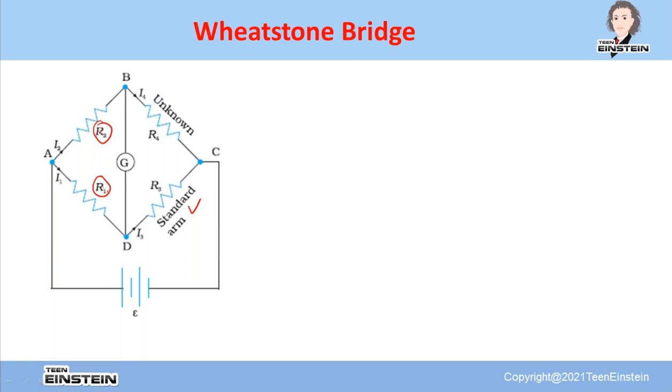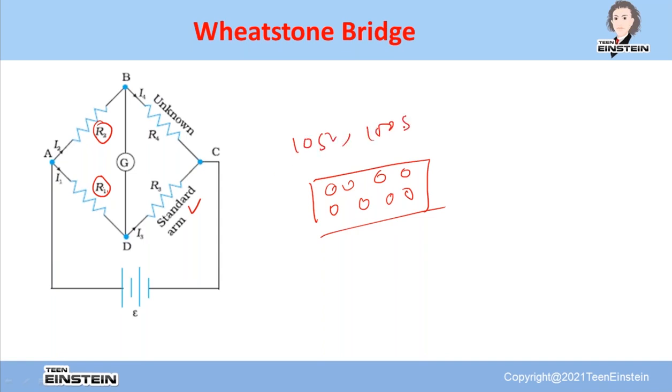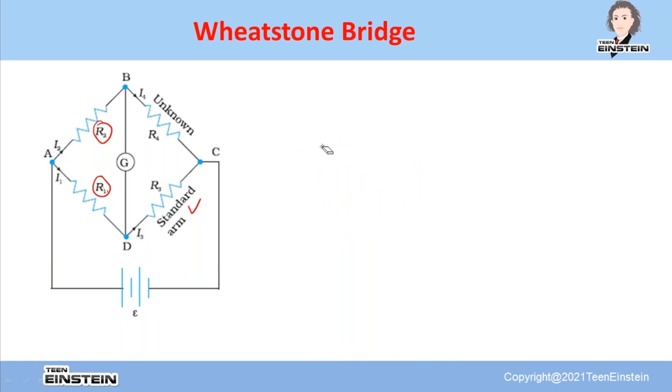So R1 and R2 will have fixed values, and R3 is a standard resistor. Suppose you have a resistance box from where you can connect some resistance to the circuit. You add some 10 ohm first, then 100 ohm, like that you can vary, until you see the null deflection.